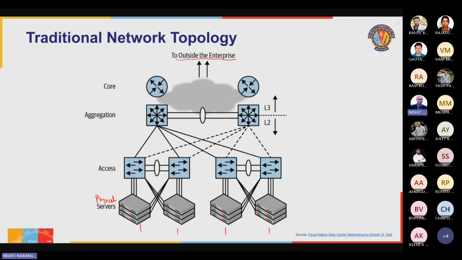The term access aggregation core comes from the fact that the architecture of the traditional data center was actually a three-tiered architecture. If you look at it, you will find it very close to what we discussed when we discussed the internet topology.